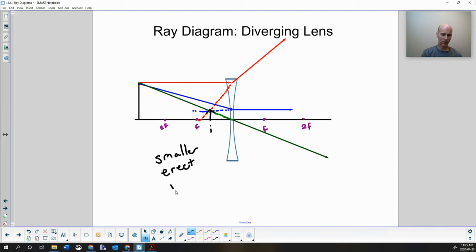And it is a virtual image because we had to find out where the image is being produced by tracing back these virtual rays. And those virtual rays, remember, are traces back of the refracted rays, not the incident ones. We trace back the refracted rays, and they all end up producing an image back here.